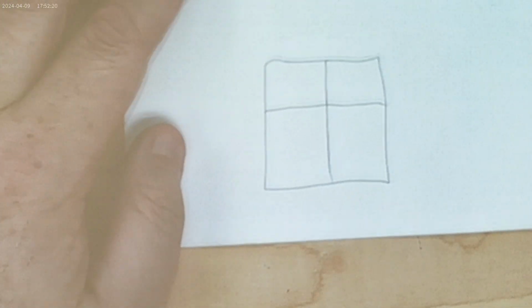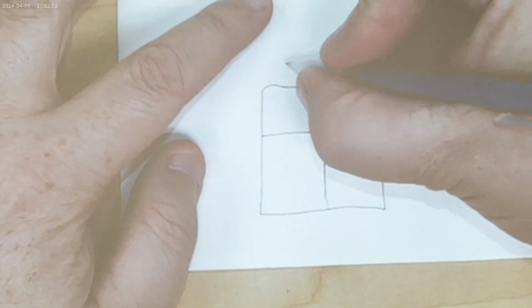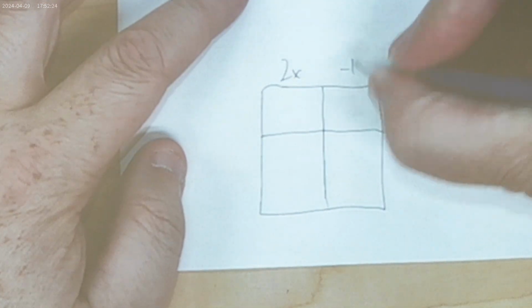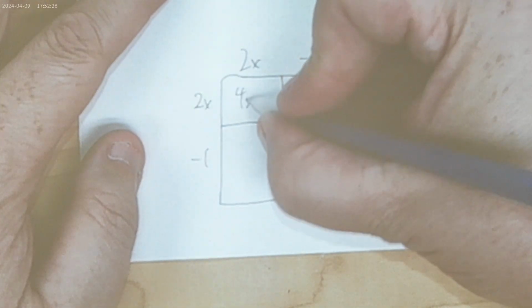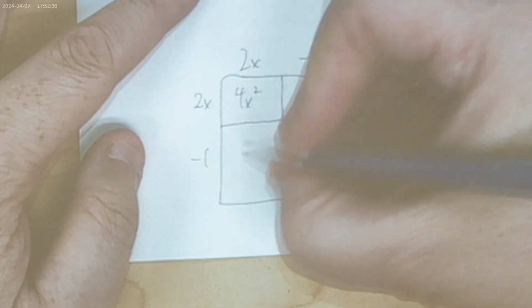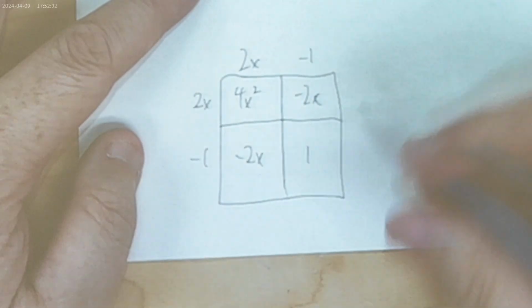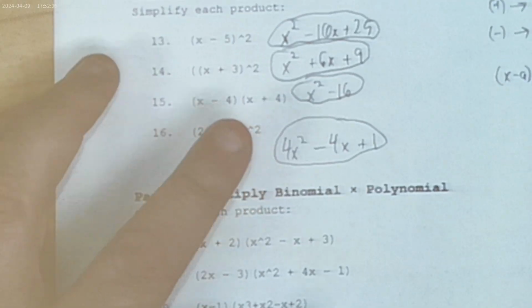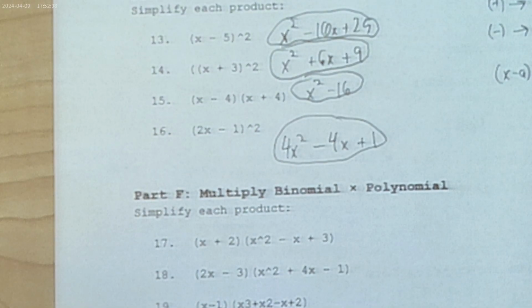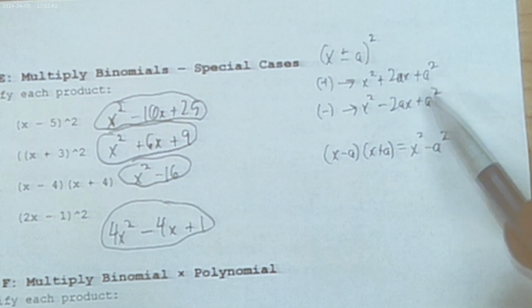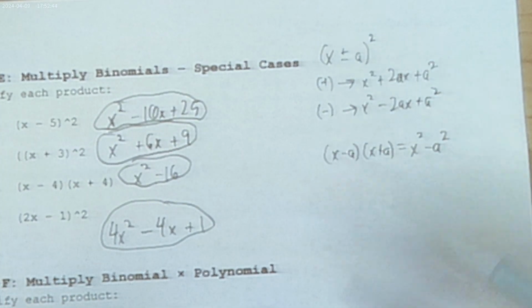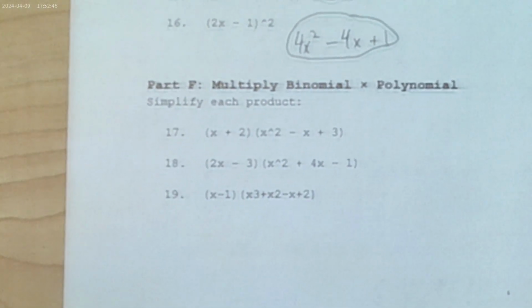It's happening on the review right now. 2x minus 1 times 2x minus 1: 4x squared, minus 2x, minus 2x, plus 1, so 4x squared minus 4x plus 1. There we go. We're in good shape. I got it right. I took my time, relied on the rule, got the right answer.